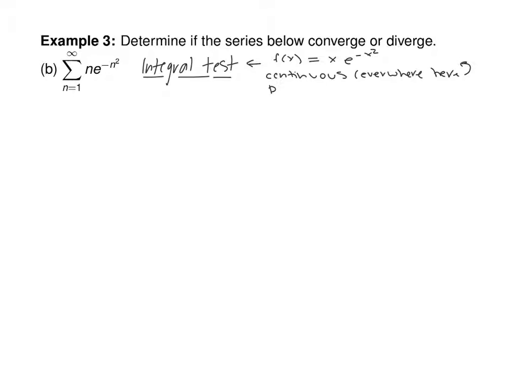It must be positive, and that is true for x bigger than 0 in this case. And it must be decreasing. In the case of this particular example, you can't say it is obviously decreasing because it really is a ratio.